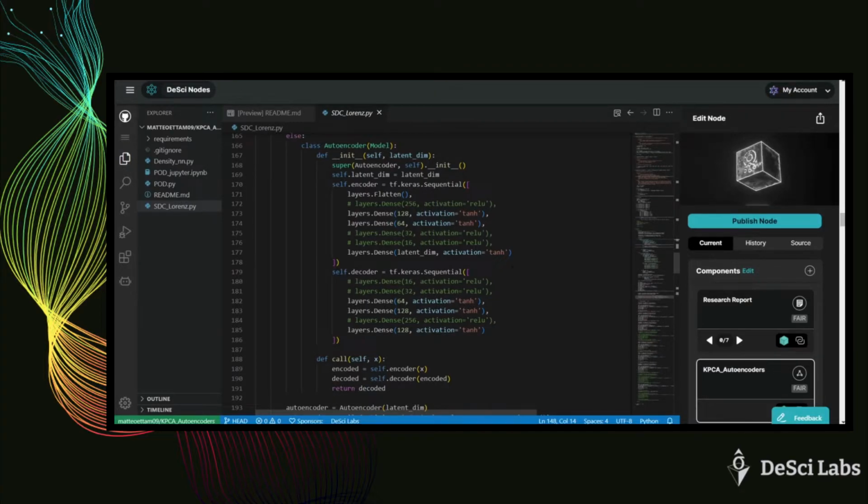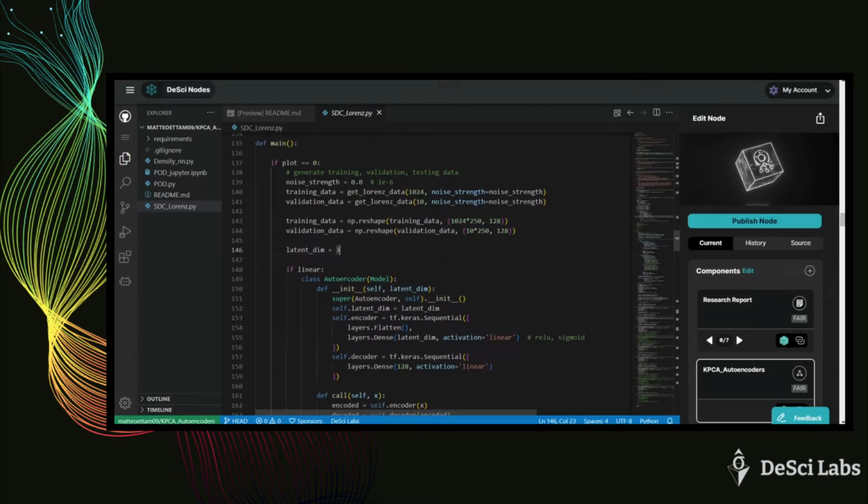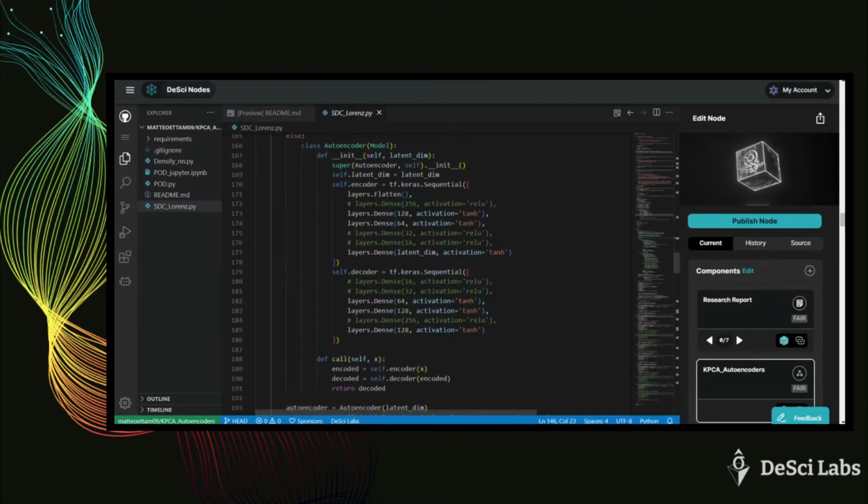We are bringing the space from 128 to a latent space that we describe here as 3, which is known. And here we bring it back from 3 to 128. This is how we can define this autoencoder class using TensorFlow.